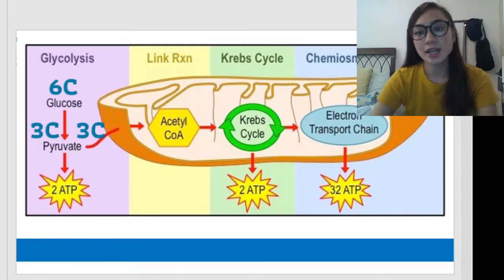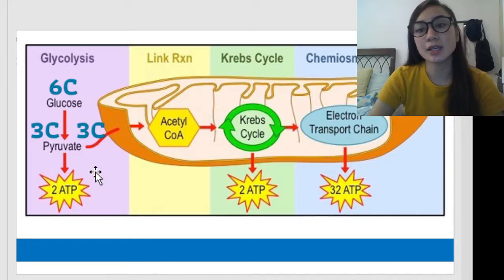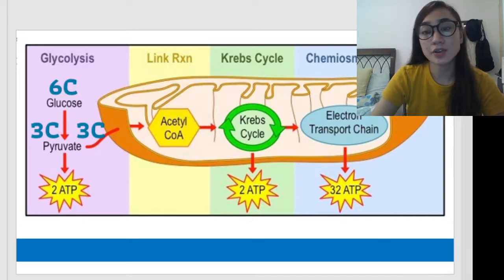That being said, ang ating pyruvate dito is dalawa. So, kaya meron tayong dalawang ATP. And from pyruvate, it will go through the oxidation process. Ibig sabihin, there is a presence of oxygen. So, under aerobic conditions, nandito na yung ating acetyl-CoA, which is a linking reaction or parang initiator siya.